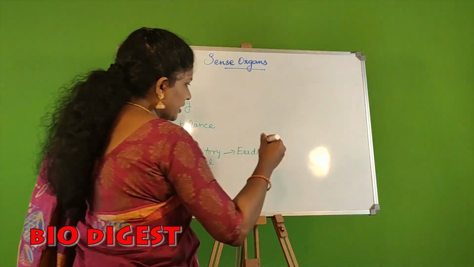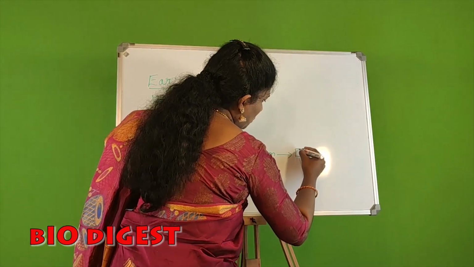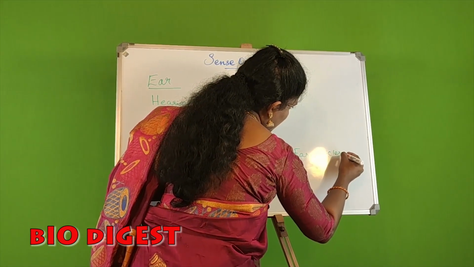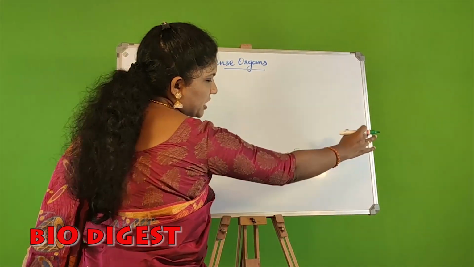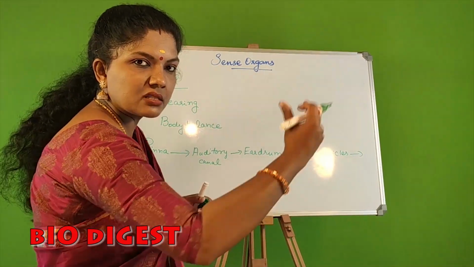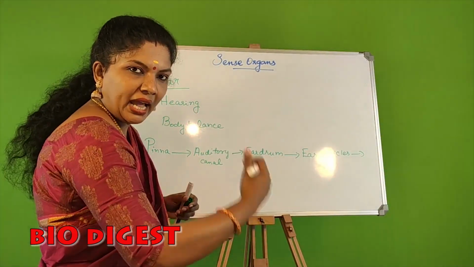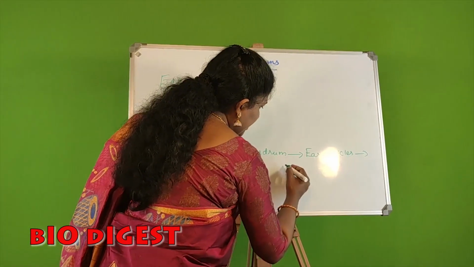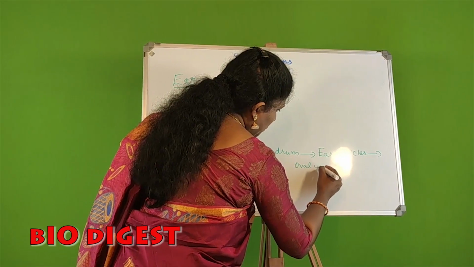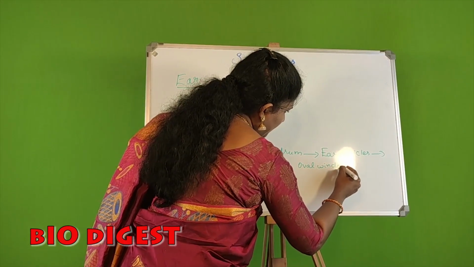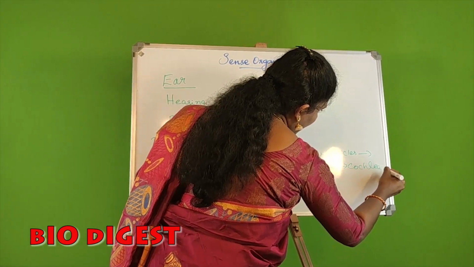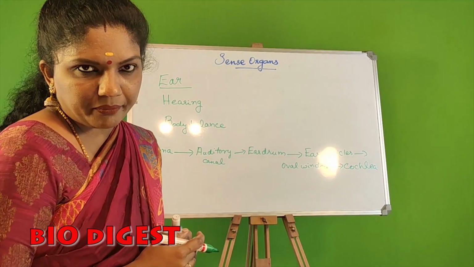So that is the eardrum. The eardrum will be setting what into vibration? It will set the ear ossicles into vibration. I am writing ear ossicles, okay? That is malleus, incus, stapes, or hammer, anvil, stirrup. And last is the oval window. The oval window will vibrate and thereby the fluid present in the cochlea will vibrate.